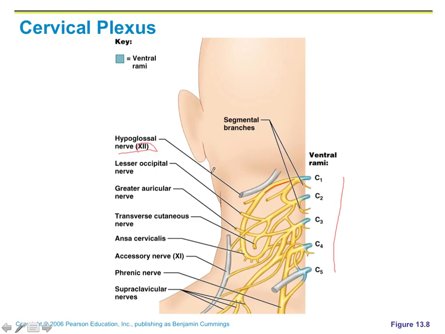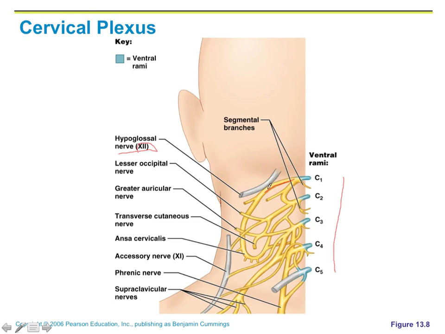The hypoglossal cranial nerve innervates the muscles of the tongue, so it comes close with the C1.